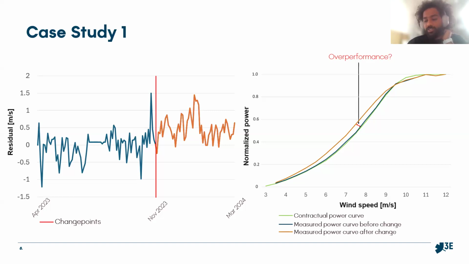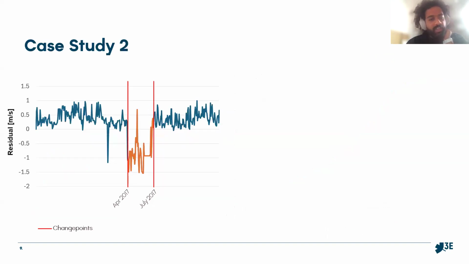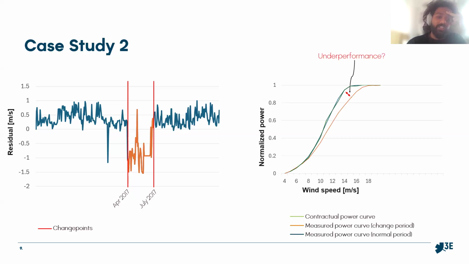And similarly, I have two more cases. This one was an offshore wind farm in Belgium, which again has a sonic anemometer on top. They had a clear, drastic change in the alignment of the sonic anemometers.